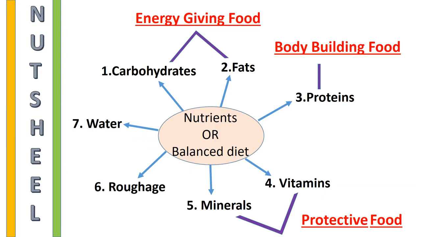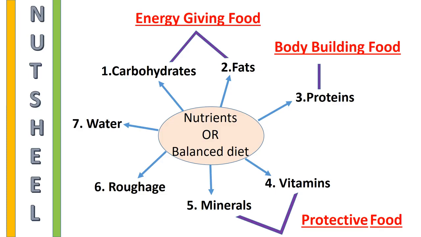Students, at this point we have come to an end of chapter number 2. Let us very quickly recapitulate whatever topics we have learned. Starting from nutrients, we know that if the nutrients are taken in correct proportion as per the age, it is termed as a balanced diet.